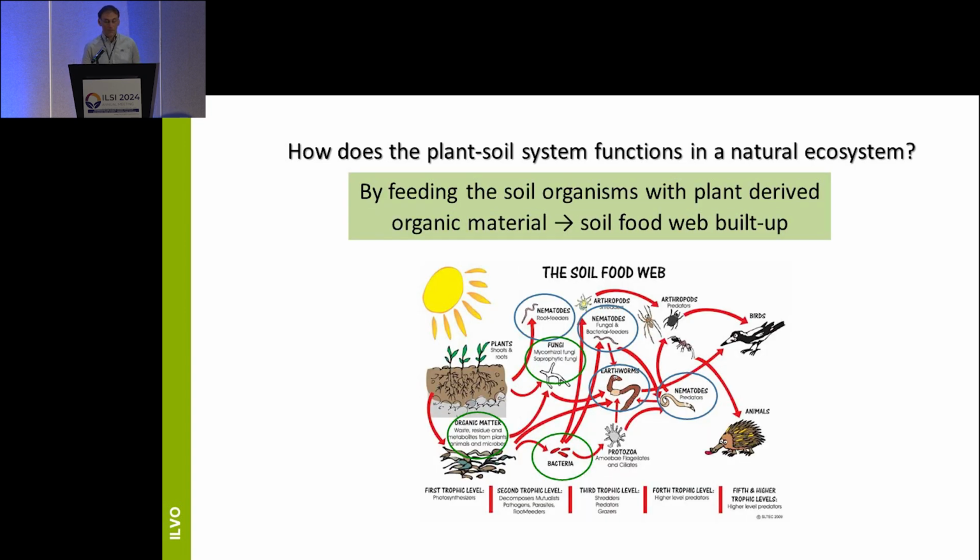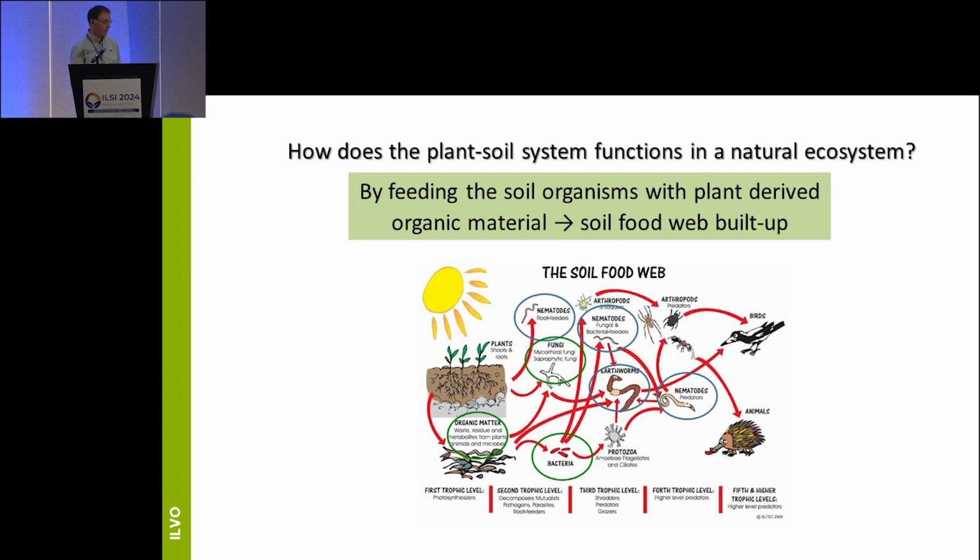So by feeding the soil organisms with plant-derived organic material, a whole soil food web is built up, starting with the first trophic level here. So the residues and the exudates that come into the soil system feed the bacteria and the fungi, but at higher trophic levels also the soil fauna is fed.